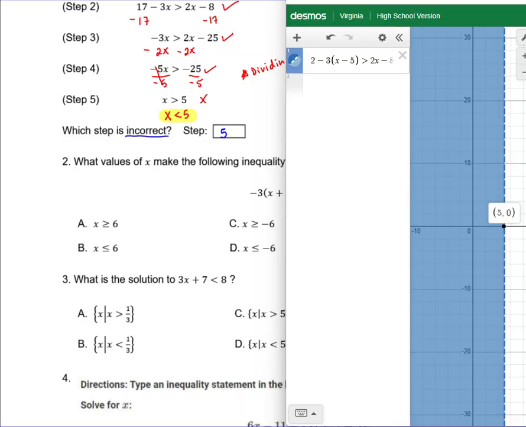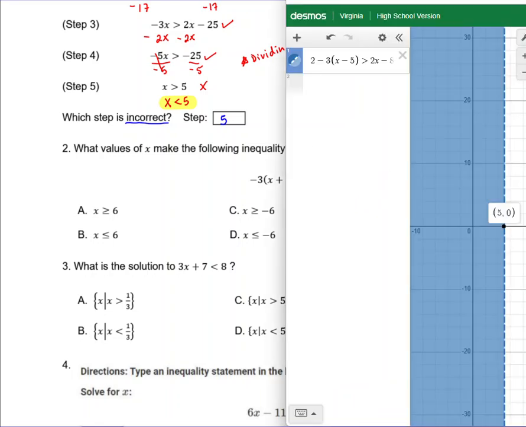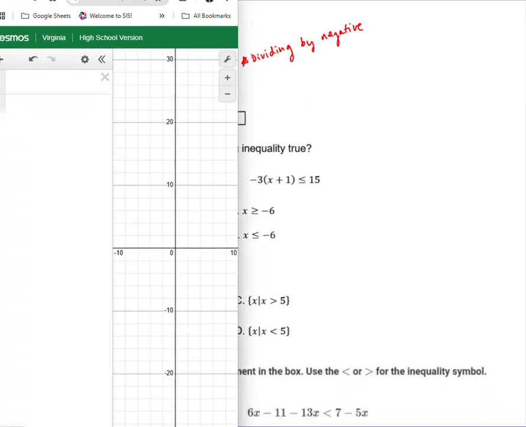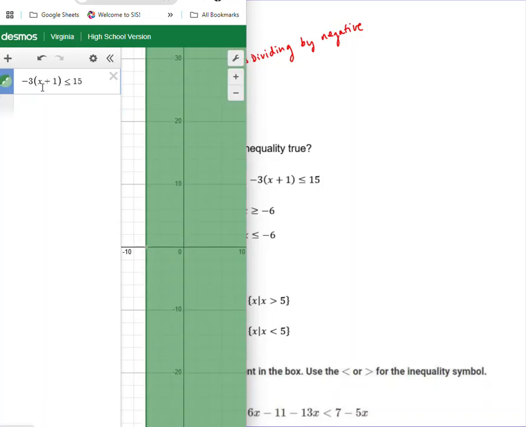All right, so let's see which value of x makes the inequality true. I'm going to try this one in Desmos first, and then maybe we can go through the steps. Let me type this up: -3x plus 1 is less than or equal to 15. Right here, it looks like it's going off to the right, and also notice that there's a solid line here.